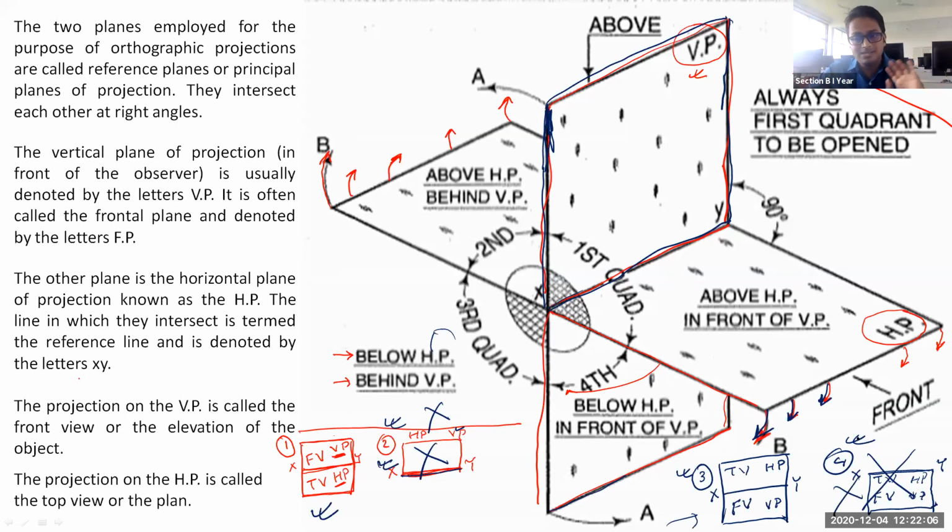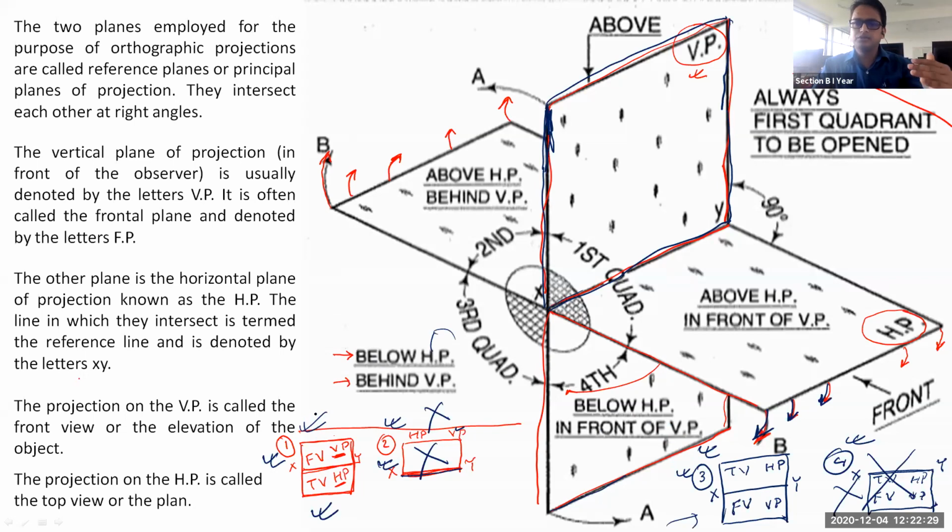Okay, now what is left with you is your first quadrant and your third quadrant. In our country, India, BIS we follow. Okay, so in our country, the standard that we follow is the first angle projection method.